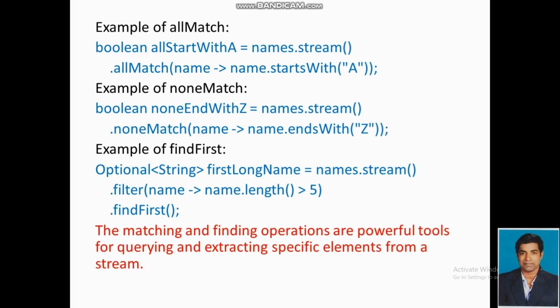Example of allMatch. boolean allStartWithA equals names.stream().allMatch(name -> name.startsWith("A")). This allMatch method checks whether all the names start with the letter A. Example of noneMatch. boolean noneEndWithZ equals names.stream().noneMatch(name -> name.endsWith("Z")).